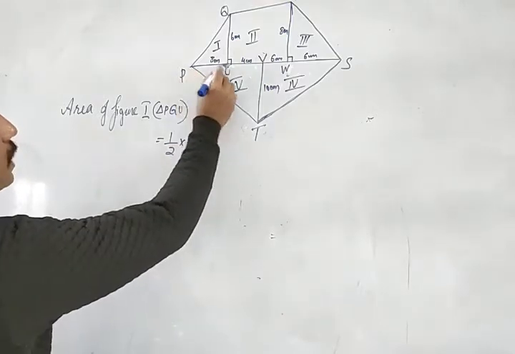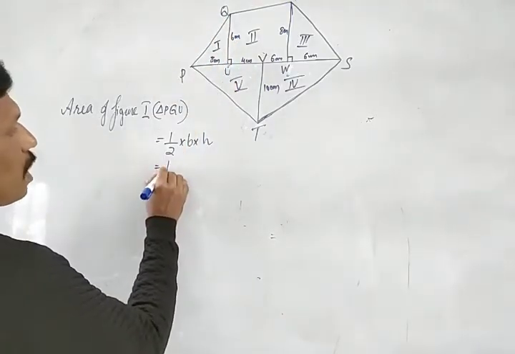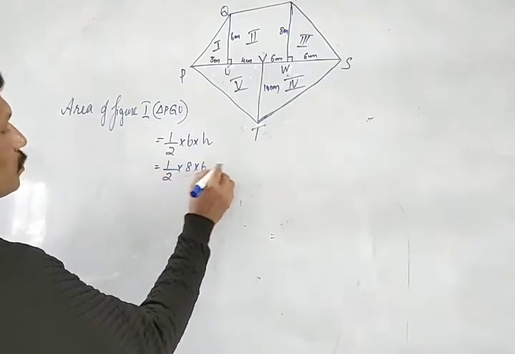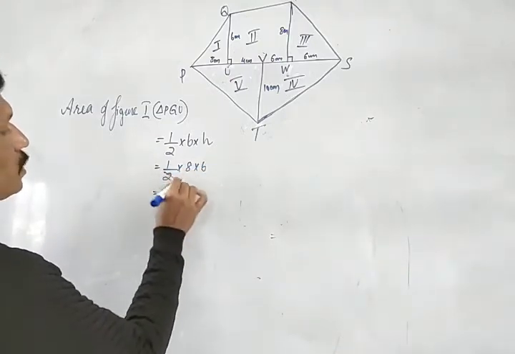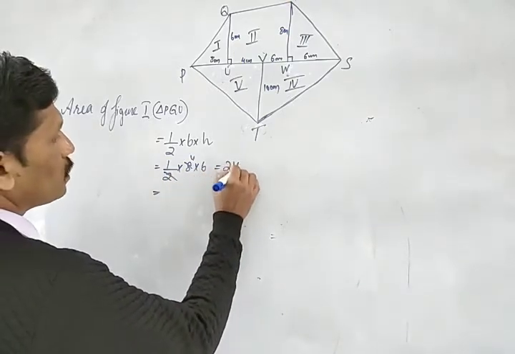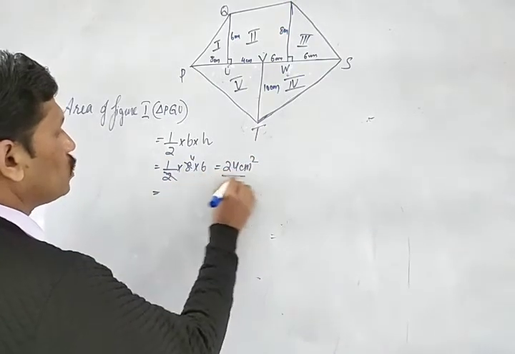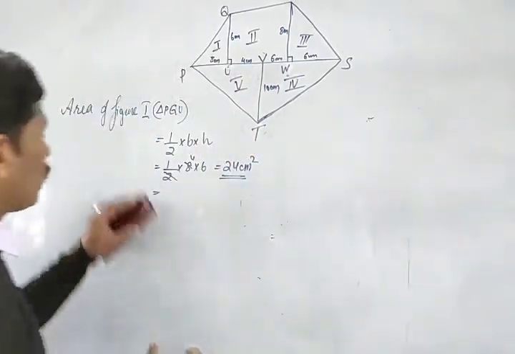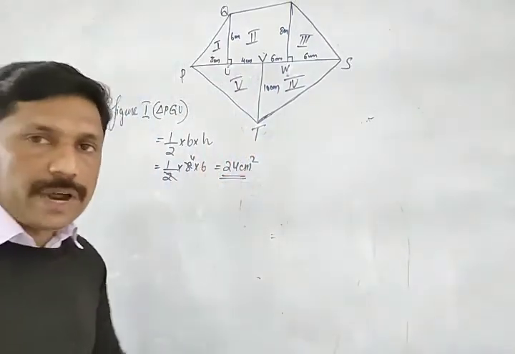This is base and this is height. That means half into 8 into 6. That's equal to, we can cut, 24 square centimeter. So the area of this figure is 24 centimeter square. That is the area of the first figure, a triangle.